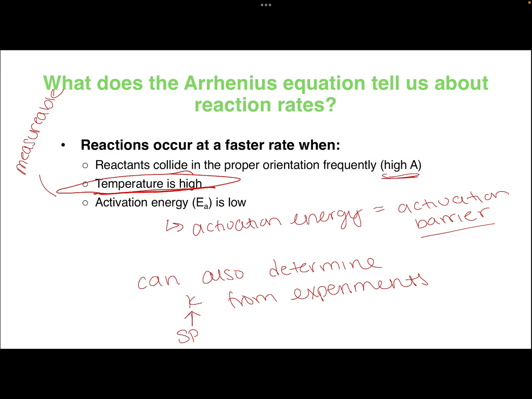It's also specific to a particular temperature. So if you change T, you're also going to be changing K. Change T, change K. And why this is useful is that we can collect a bunch of experiments, and then use the Arrhenius equation to determine the activation energy.